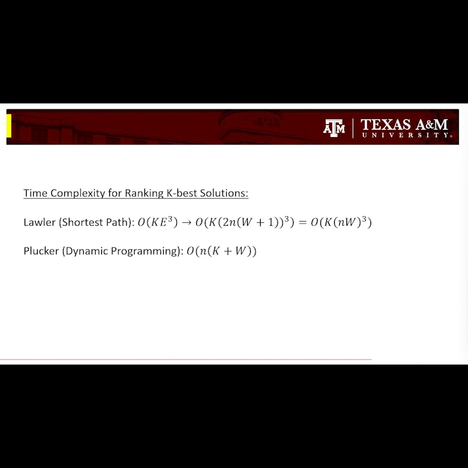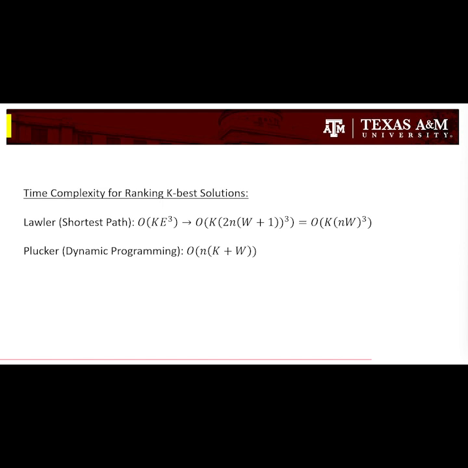Okay, so what we did is we solved for all the subproblems, giving us at least one of those as the next best solution. So using the dynamic programming table really gives us a much better time complexity than had we reduced it to a shortest path problem to apply Lawler's specific algorithm for that.